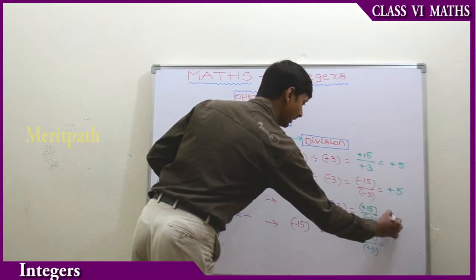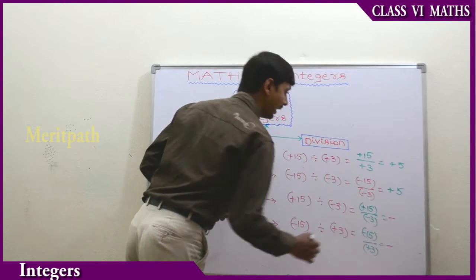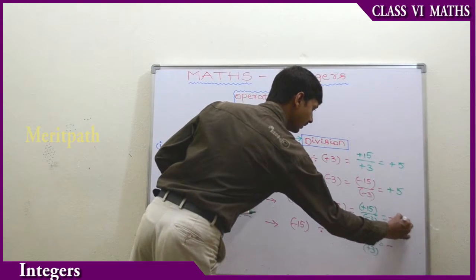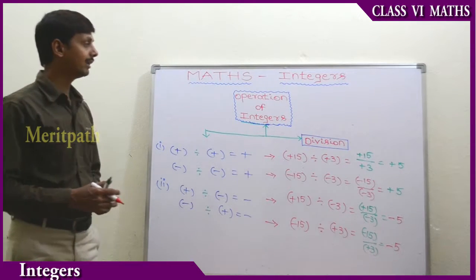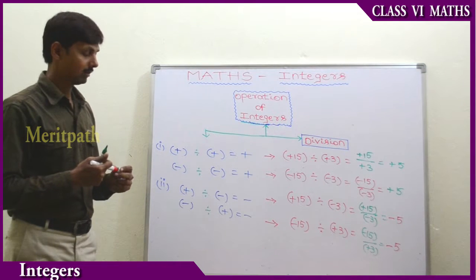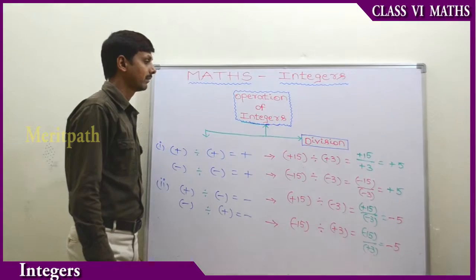So plus divided by minus is minus and minus divided by plus is minus, and when we divide these numbers, 15 by 3 is 5 and 15 by 3 is 5. So in this manner, we take the division of integers.